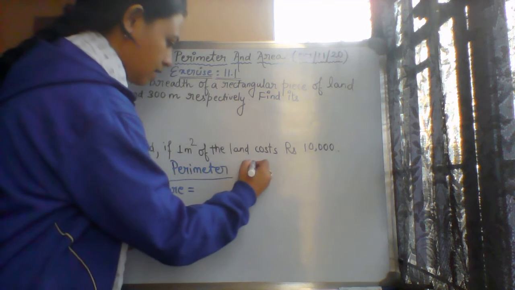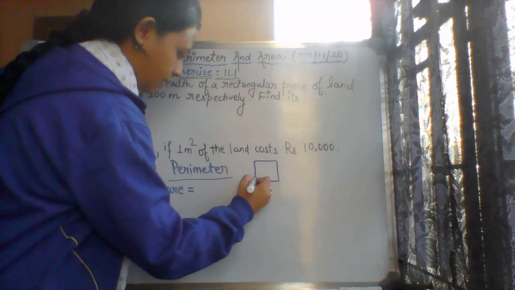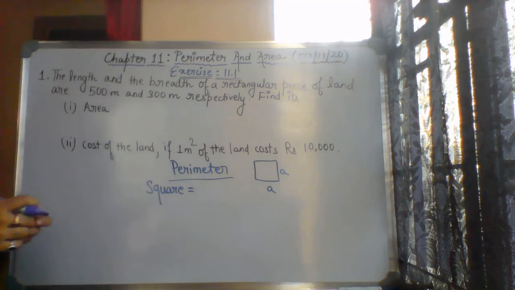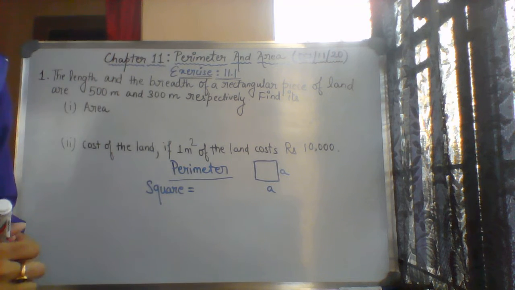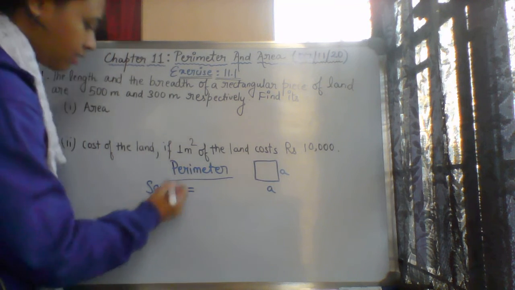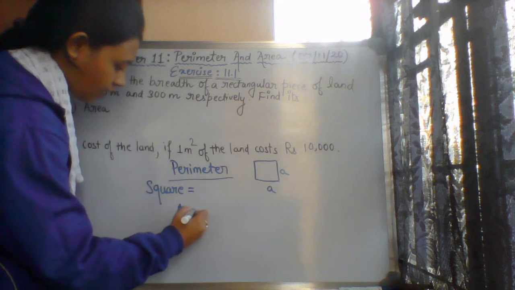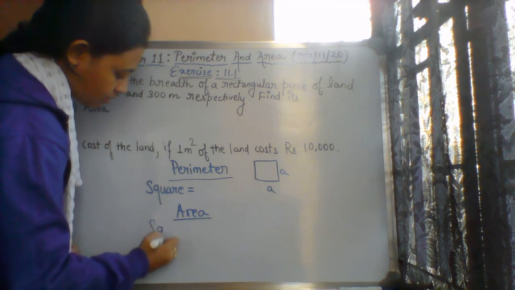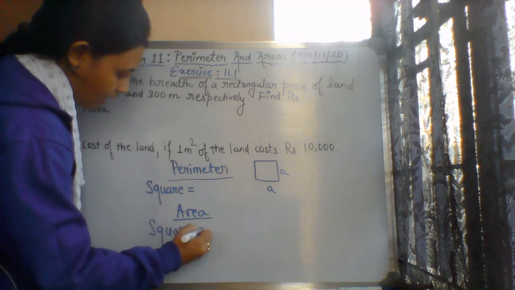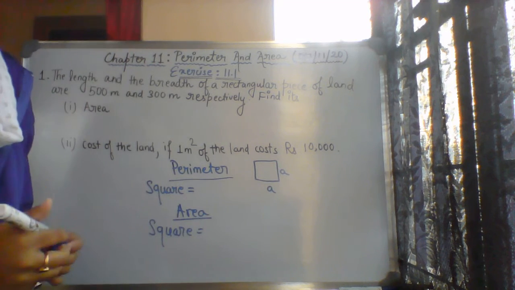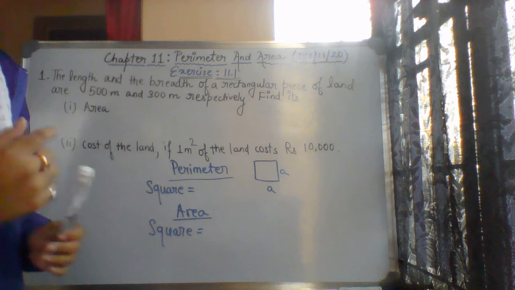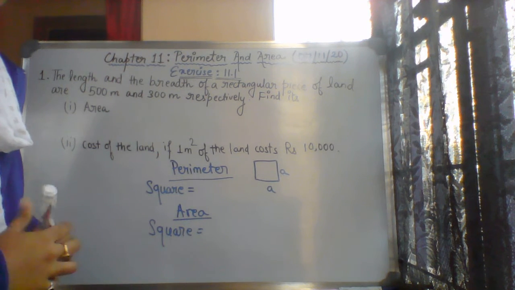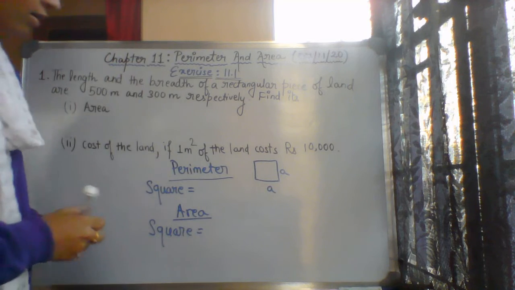A square is there and each side equals A. What will be the perimeter? You tell me the area also, the area of that square having the side A. You can pause the video and just recall whatever you have learned.